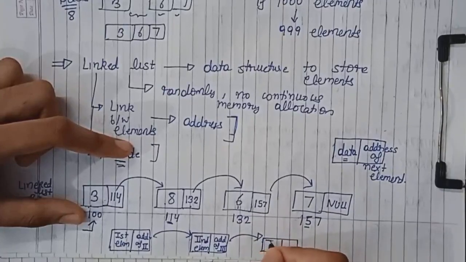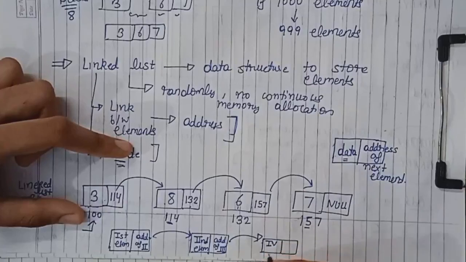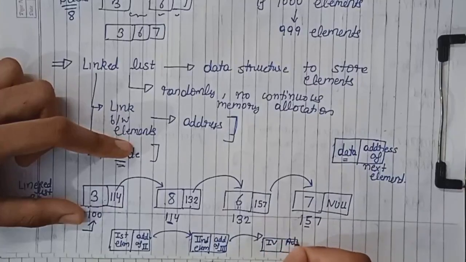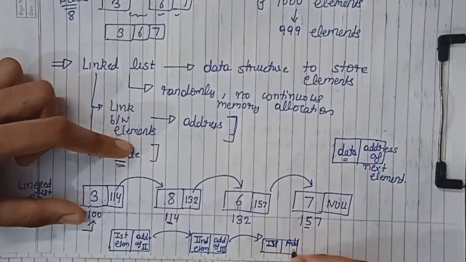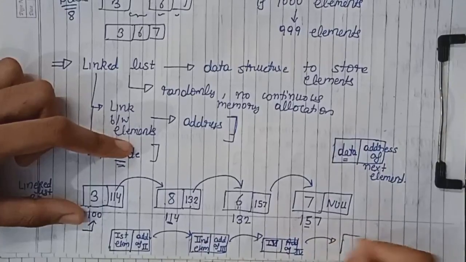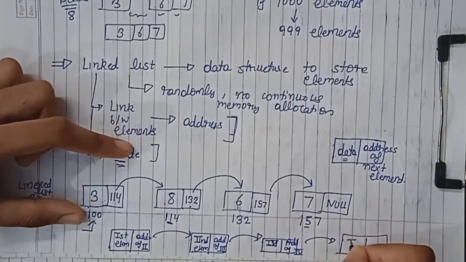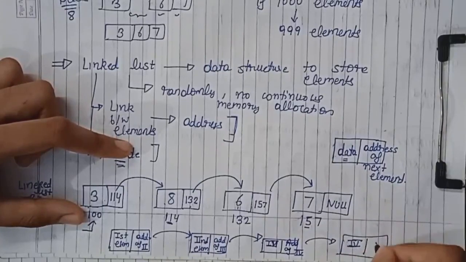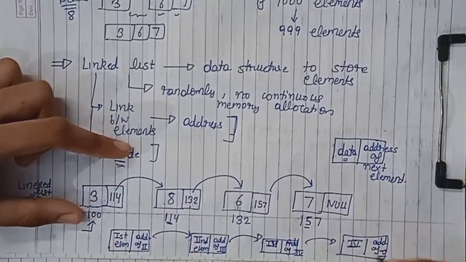Now here I will store the third element, and here I will store the address of the fourth element. Now again here I will store the fourth element, and here I will store the address of the fifth element, and so on.